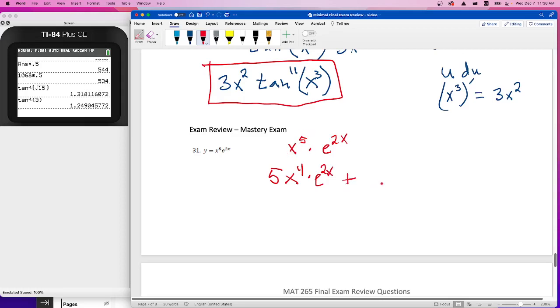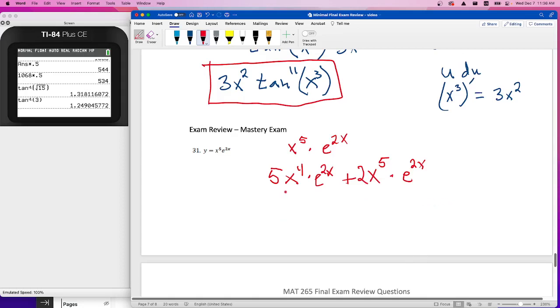Plus, take the first part unchanged, x to the 5th, times the derivative of the second part. The derivative of the second part is just e to the 2x. But remember the chain rule, we now need to take the derivative of the exponent. The derivative of 2x is 2. Okay, so that is an answer.